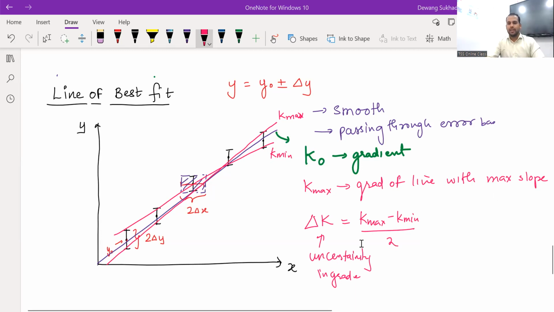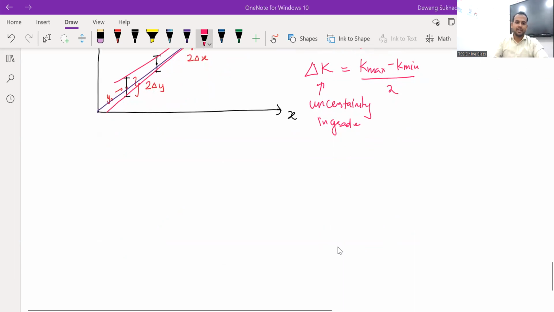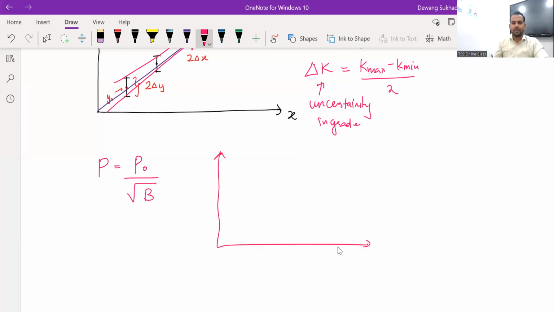Now usually if a non-linear function is given, for example, P is equal to P naught upon the root of B, and they ask you to plot a graph of P and B, obviously the graph will be non-linear. That won't help us find the unknown value.